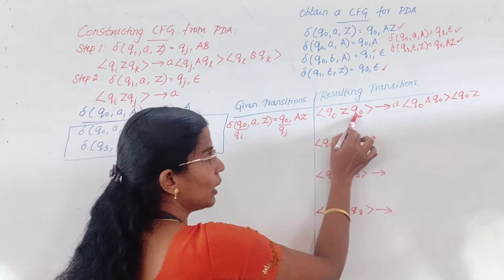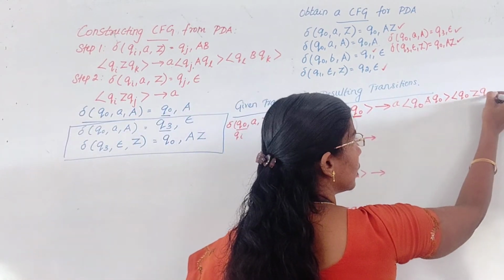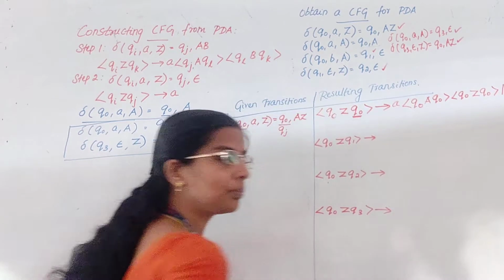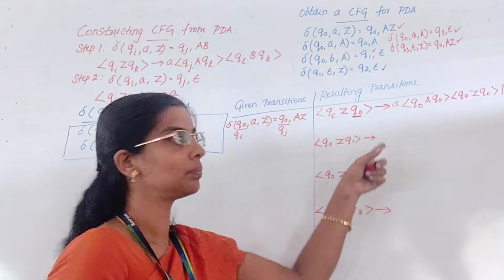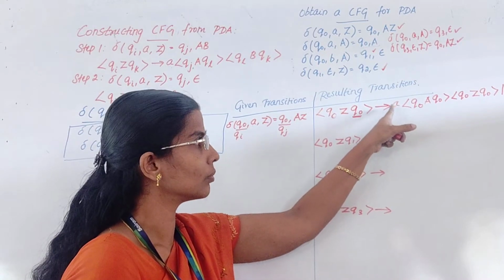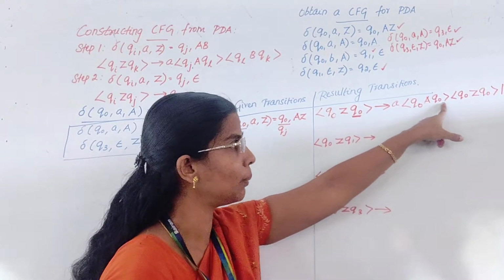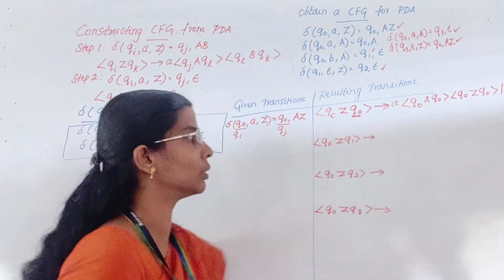What is my Qk now? Q0. Right. Next, I have to write all the possible L values. Right.